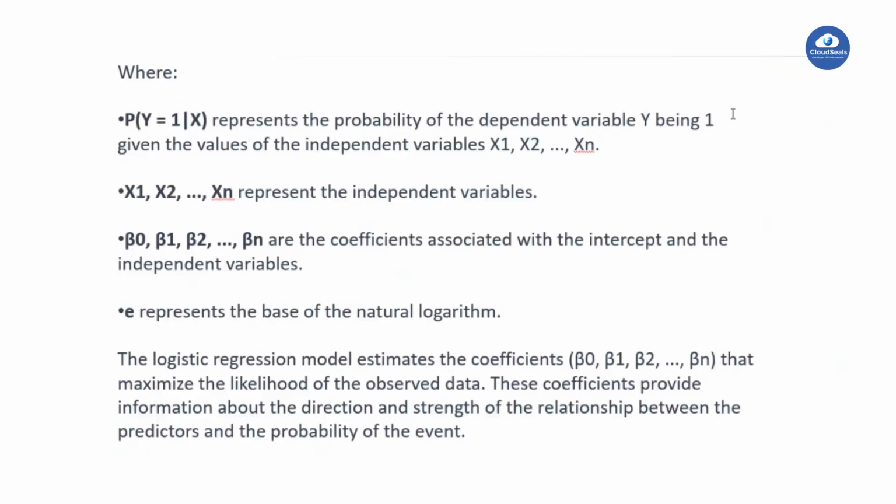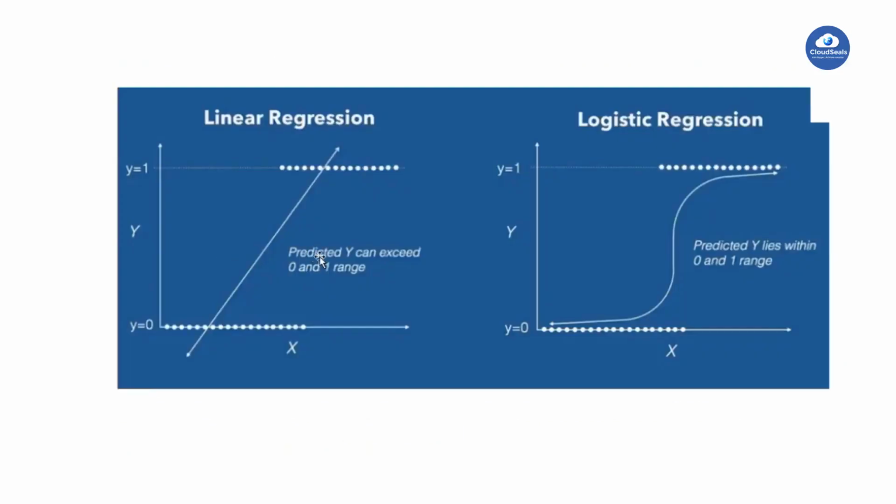It calculates the probability for all classes using all independent variables. x1, x2, xn are the independent variables. Beta naught, beta 1, beta 2, beta n are the coefficients. Linear regression does not directly fit logistic regression, so by using this equation we convert it into the sigmoid function to classify the dependent variable.